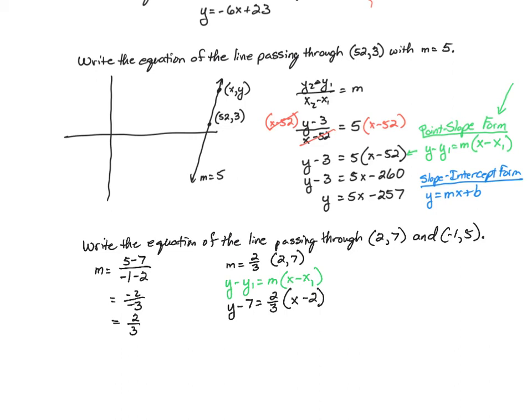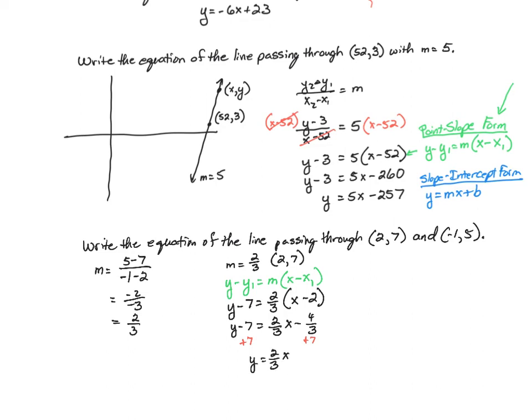Let's continue and go to slope-intercept form. So we'll distribute the 2/3. So we have 2/3 x minus 4/3. And we'll add 7. So we have y equals 2/3 x plus a constant.